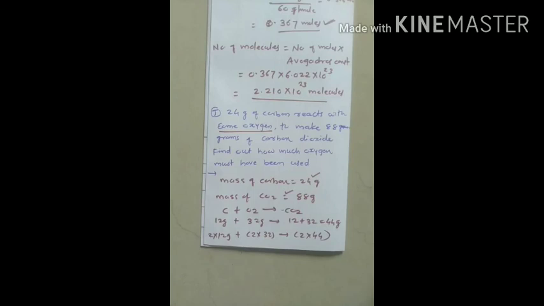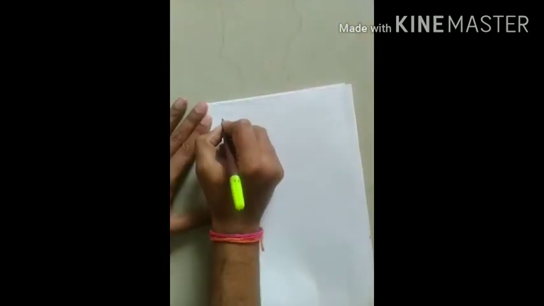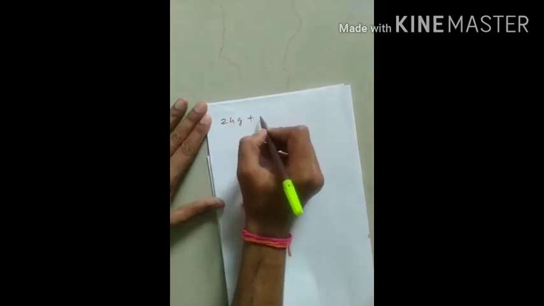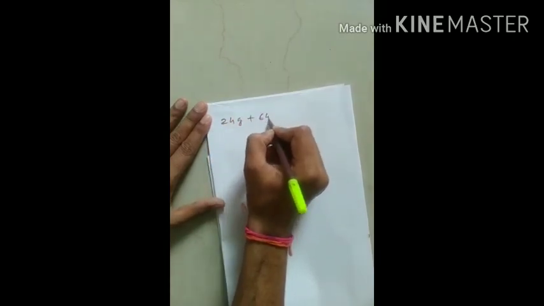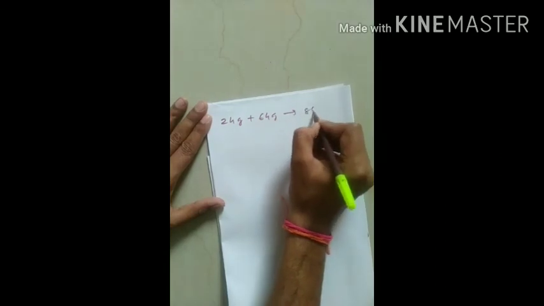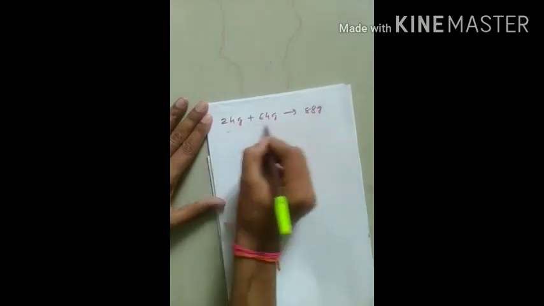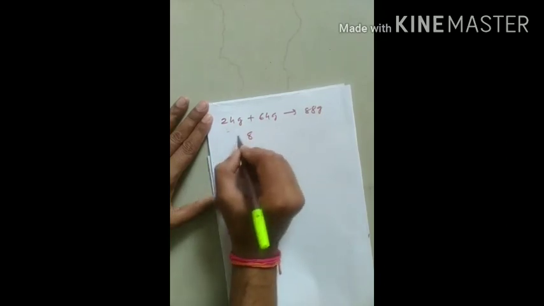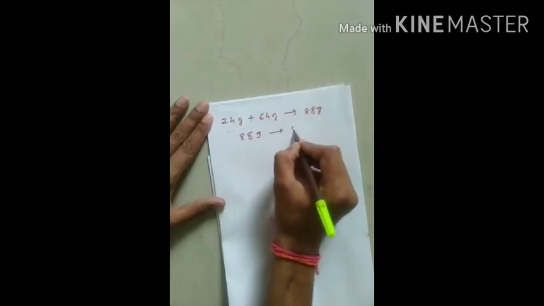So we will continue this. If we solve this, you will get 24 gram plus 2 into 32, which is 64 gram, and you will get 88 gram. If you add this, you will get 4 plus 4 is 8, and 6 plus 2 is 8, so 88 gram equals 88 gram.